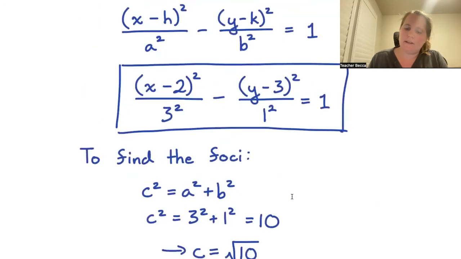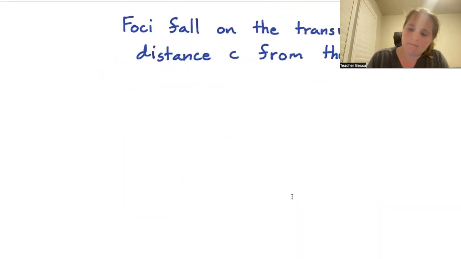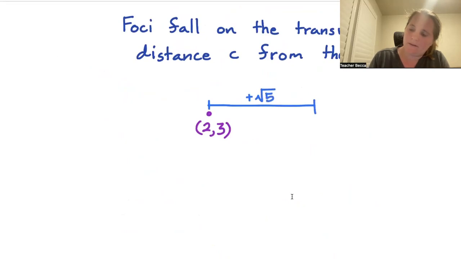Our center again was at the point (2, 3). So going c to the right would be plus square root 10, and going to the left, we subtract square root 10.